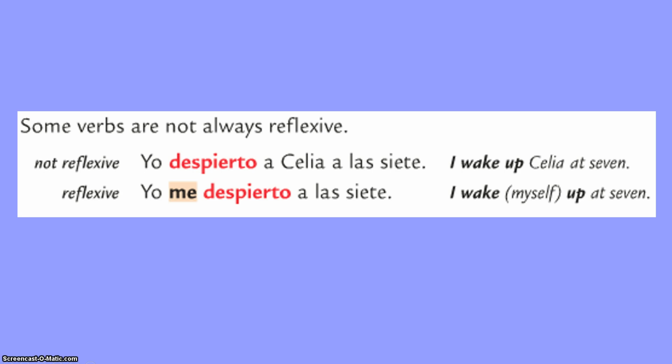Yo me baño. Who does the action? I do. Who receives the action of being bathed? I do. But then at the same time, every night, I gotta give Sophia a bath before bedtime. So I would say, yo baño a Sofía. Who does the action? I do. Who receives the action? Sophia does. Therefore, in that second example, it's not a reflexive verb.